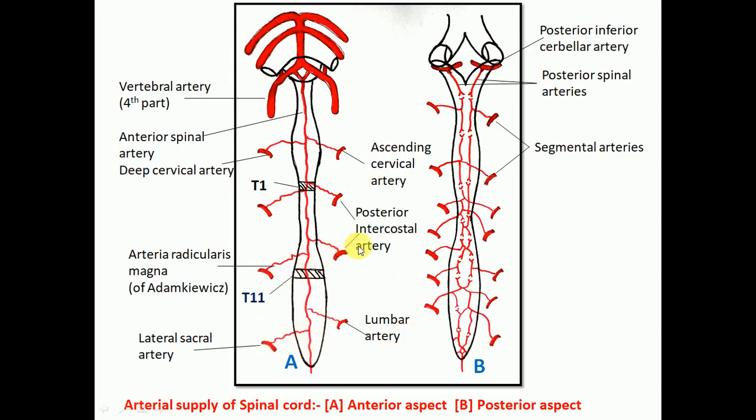These 5 spinal branches, the radicular or segmental arteries, reach the spinal cord, and then through the nerve roots they enter the spinal cord, and they communicate with or reinforce the anterior as well as posterior spinal arteries and form the 5 longitudinal arterial trunks.